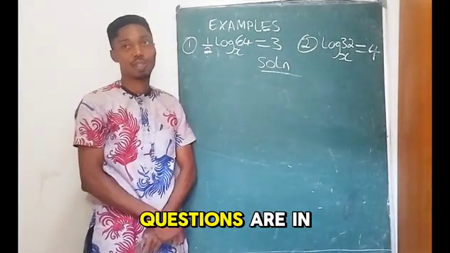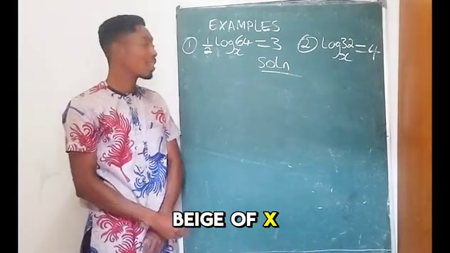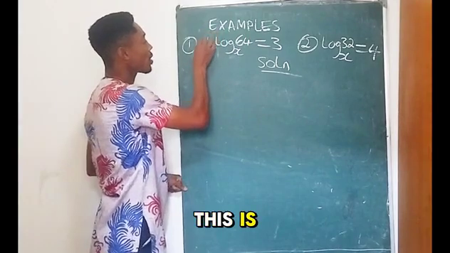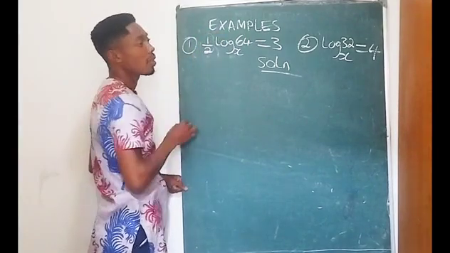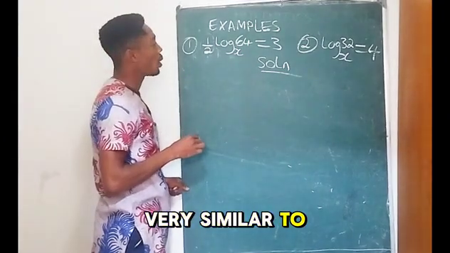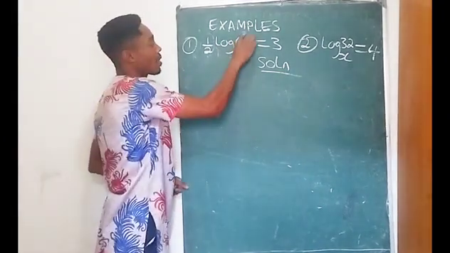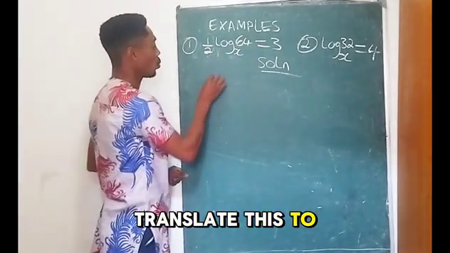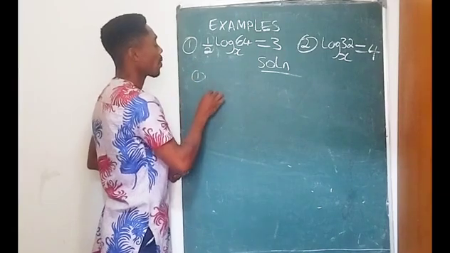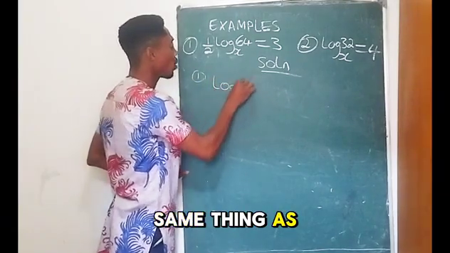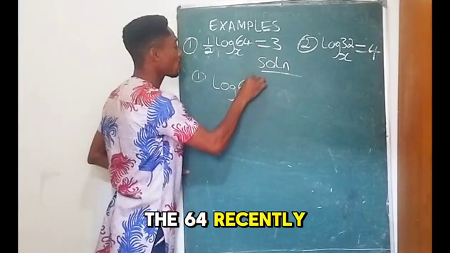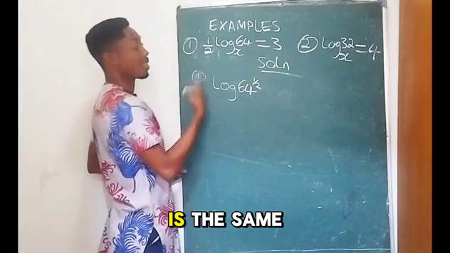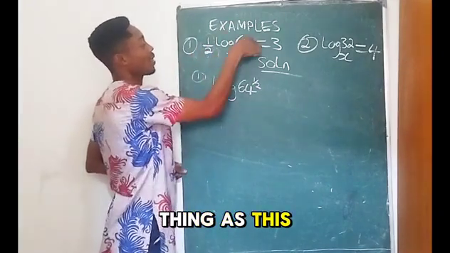Obviously, these two equations are in base x. So we begin. This is very similar to the rule we had when this is having a power. So we're going to translate this to mean that this is the same thing as log 64 raised to the power of half, in base x equals 3.